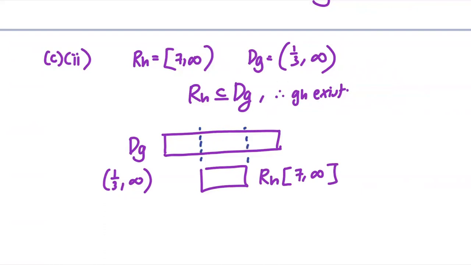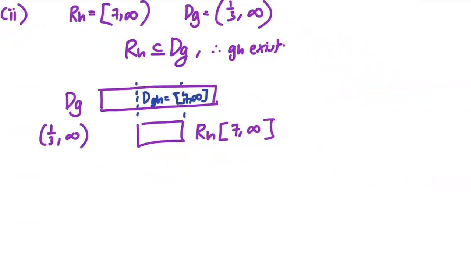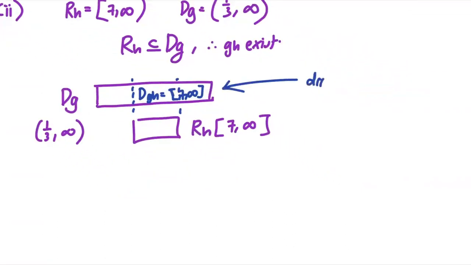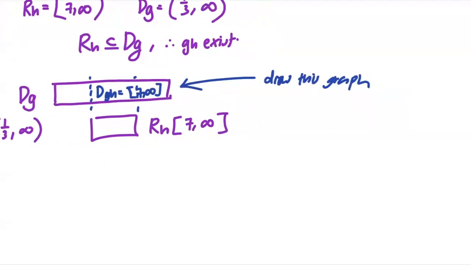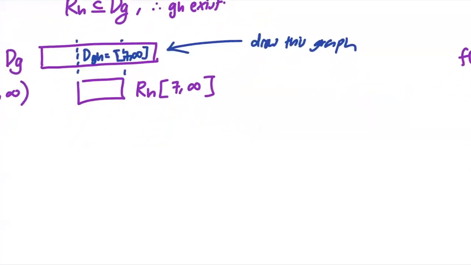So now you know that your domain of GH is 7 infinity. Okay, sorry, I ran out of space. So 7 infinity. What you do, you draw this graph. And the graph looks like this.